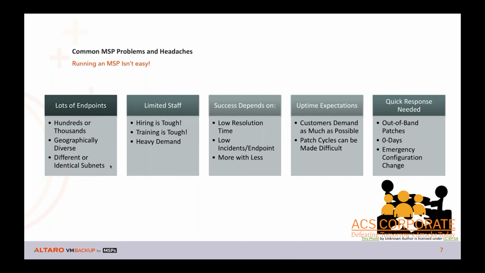The general rule of thumb is that your customers are up and running 24/7. And that can make patch cycles specifically very difficult. It's hard to get time in to properly patch the systems, which we know with the security landscape as it is today is really important. So, patch cycles can be made difficult because of that uptime expectation.